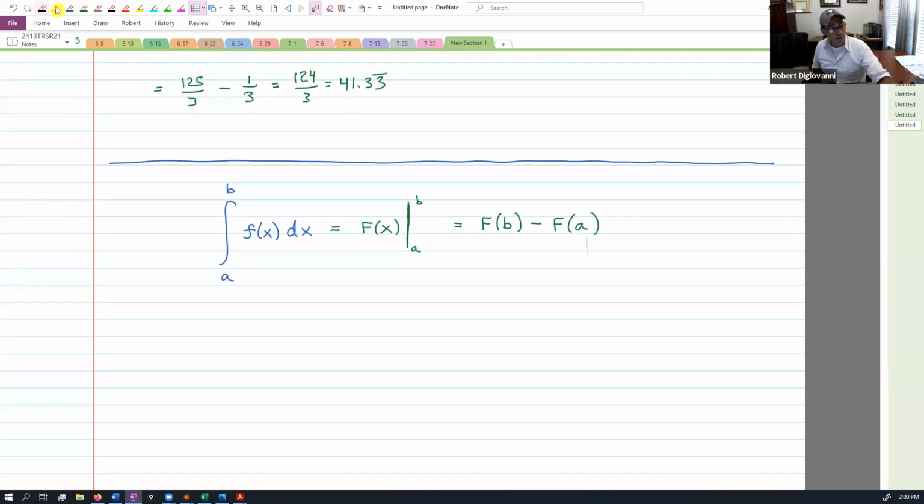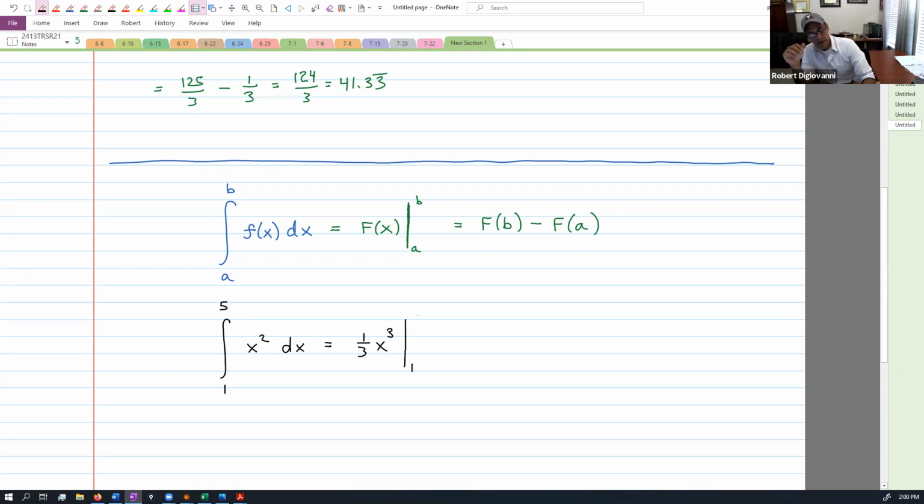So let me show you with the example we just did. We go from 1 to 5, x squared dx. First things first, I need an antiderivative, right? So the antiderivative is 1/3 x cubed plus any constant, but I'm going to use plus 0. That's like a placeholder. That's just me thinking, okay, that's my antiderivative.